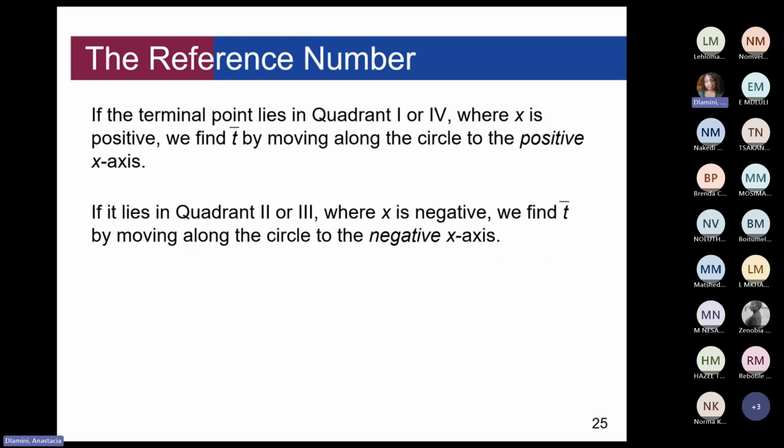They say if the terminal point lies in the first or in the fourth quadrant, where x is positive, we find the reference number by moving along the unit circle to the positive x-axis. And then what are they saying now? Oh, I see what they're saying. Does it make sense? No, ma'am. So they're saying that if the terminal point lies in the first quadrant or in the fourth, it means that you have to go to the positive x-axis.